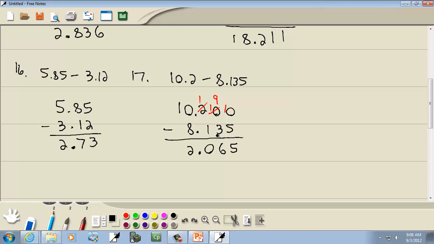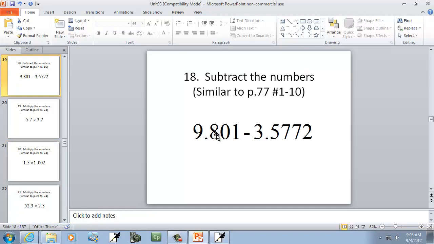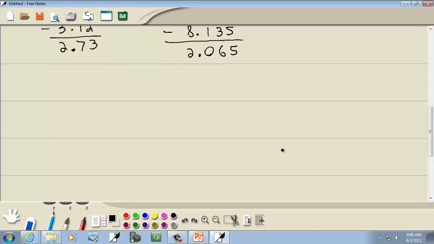And let's look at our next problem. Another subtraction. Let me scroll down here.